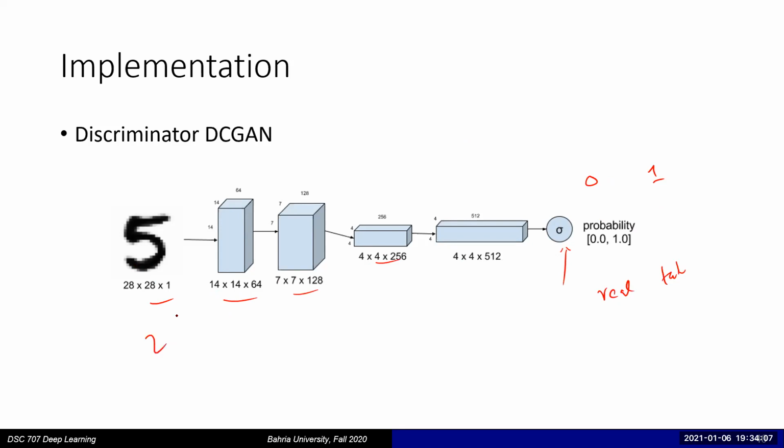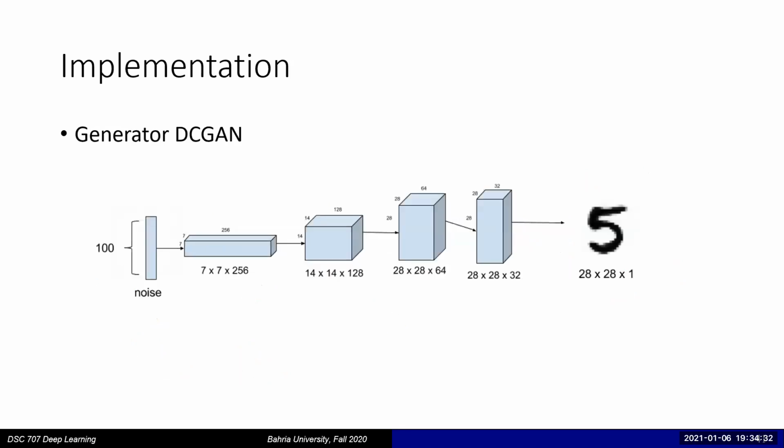All the images of different digits which you get from MNIST will have a label of real because they are actually written by a human. So this discriminator is simply a CNN which will give you the probability between 0 and 1 of whether the input is real or not. This is exactly the same thing which we have been doing throughout the semester.